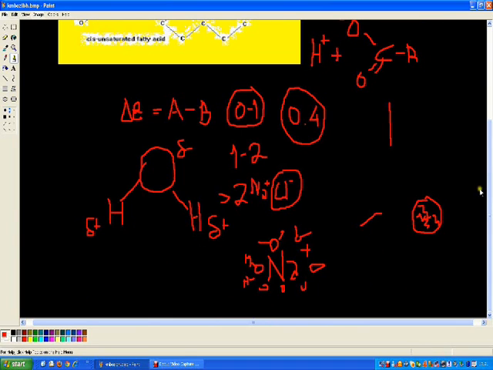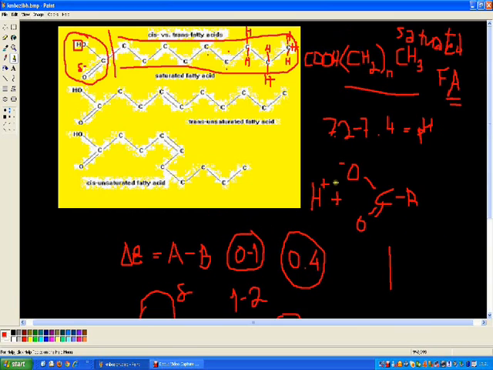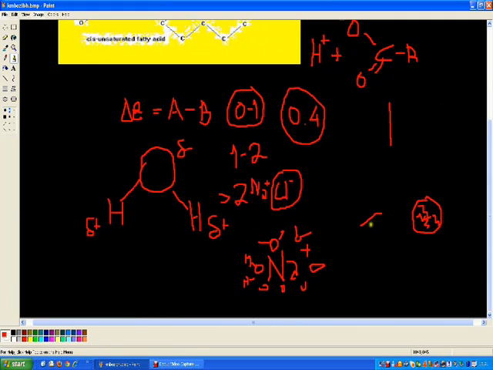Okay, so I did these because, as you can see right over here, the chain is represented as a line with many angles, and those angles can actually be represented just the way I'm drawing it right now, with the final COO minus, or COOH, as you want, depending on the pH.